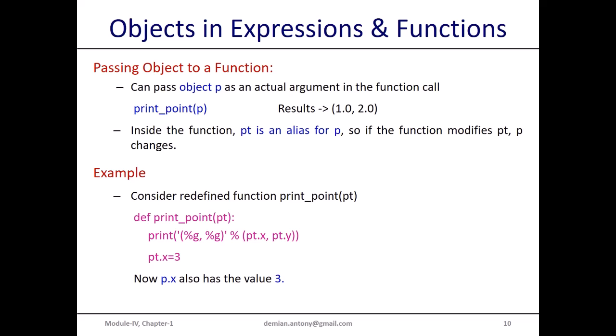The argument found in the function definition is an alias to the actual parameter, that means the object that you are passing, and any changes made within the function to the individual attributes of the argument will change the actual argument also.